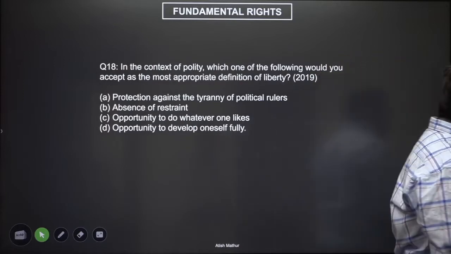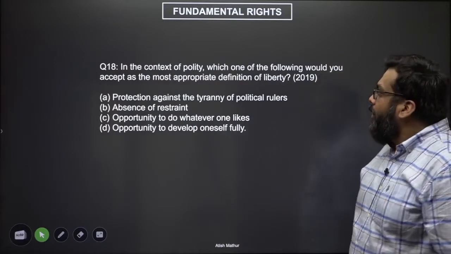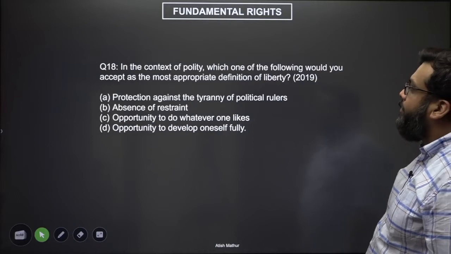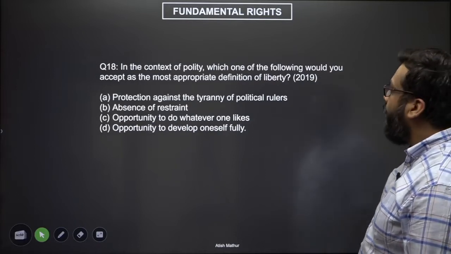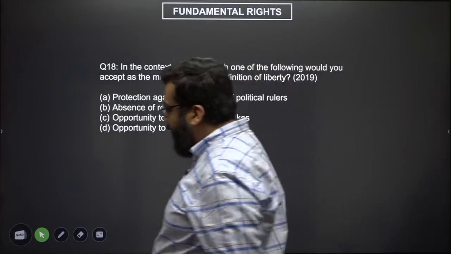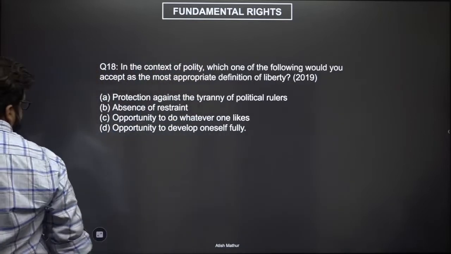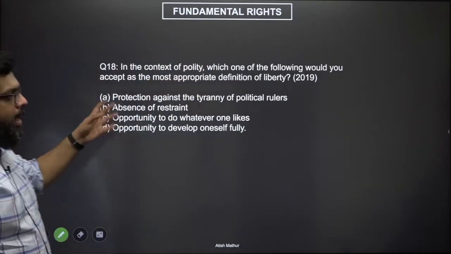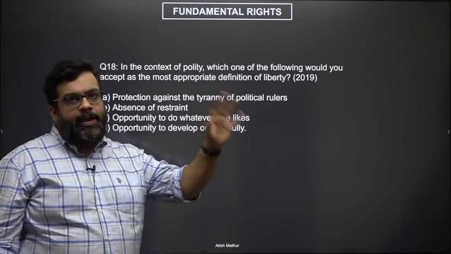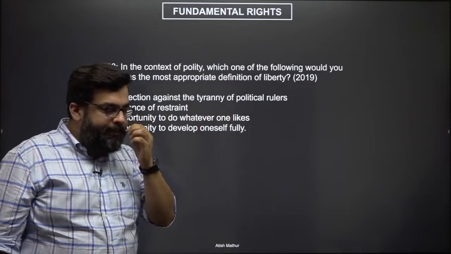Next question. In the context of polity, which one of the following would you accept as the most appropriate definition of liberty? We have to apply the devil's advocate theory, otherwise we won't be able to come to a conclusion. Otherwise, this is clearly given in your NCERT textbooks as well. Okay.